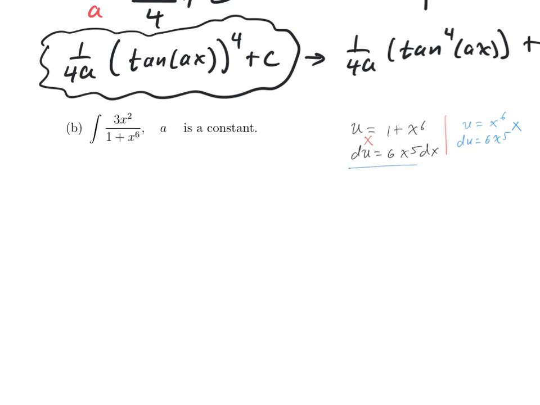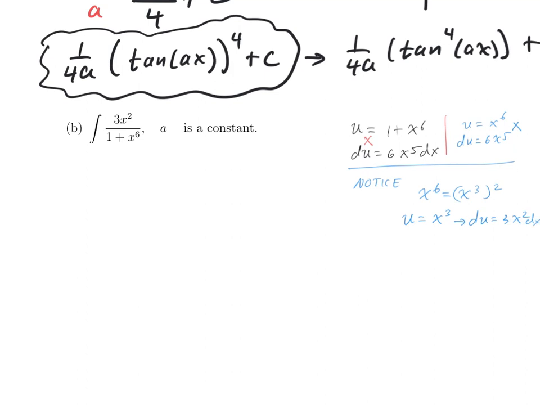And if you notice the following: the x to the 6th, you can rewrite it as x cubed squared. And if you let u be x cubed, the derivative involves x squared.